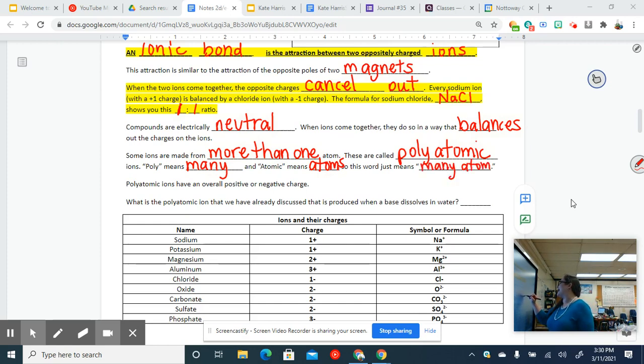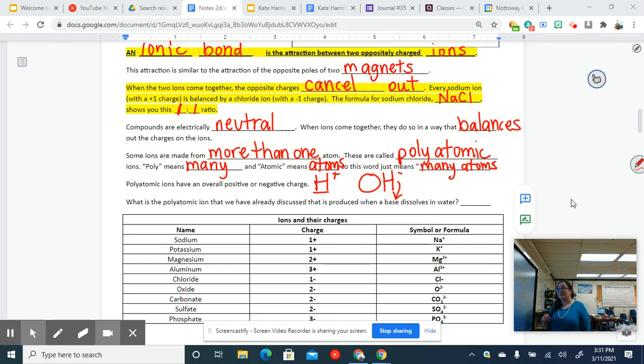And it means that the ion is made from more than one atom. We don't just have, for example, hydrogen has a positive charge. When you drop an acid into water, you get those positive hydrogen ions. But when we drop a base, hint, hint, into water, we get those hydroxide ions, which are polyatomic.